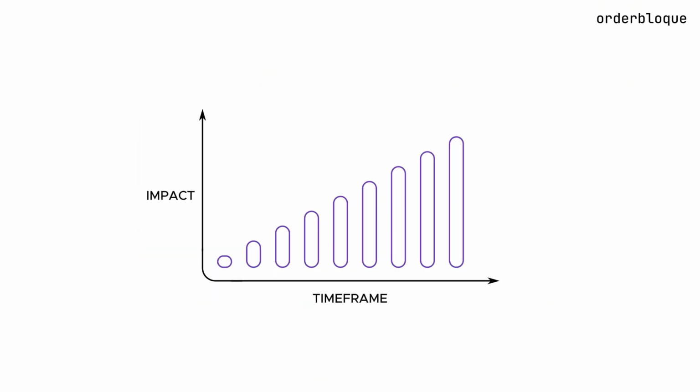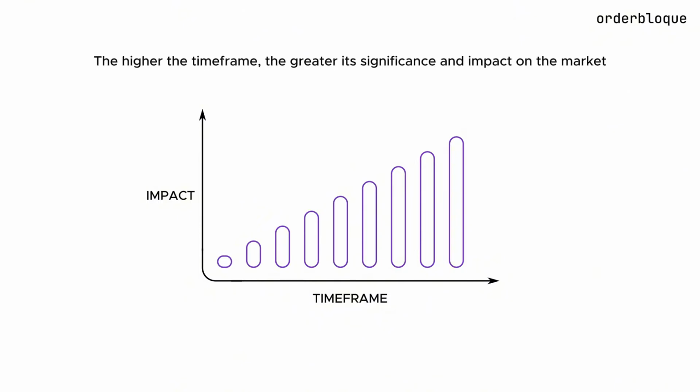In fact, this analytical approach is based on one fundamental principle which states, the higher the time frame, the greater its significance and impact on the market, as it reflects more global trends and long-term changes in price behavior. Consequently, their formation requires more time, which makes them more reliable, because they are less susceptible to short-term news and market noise.